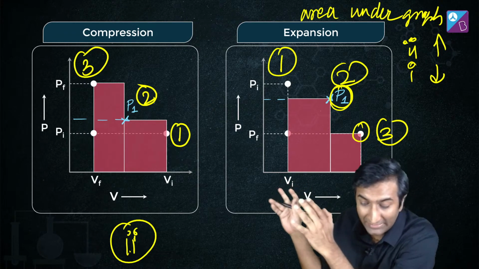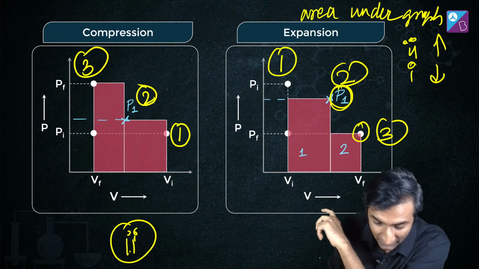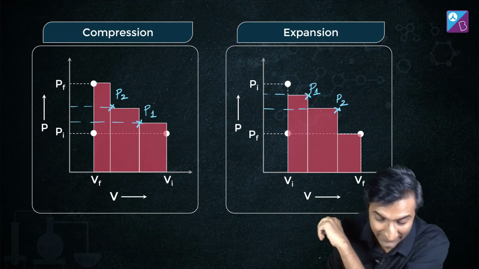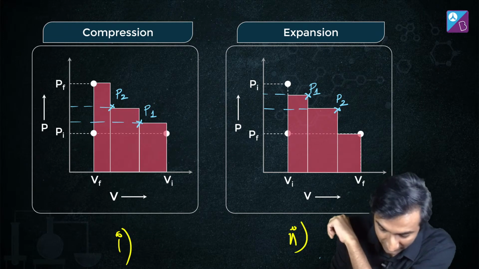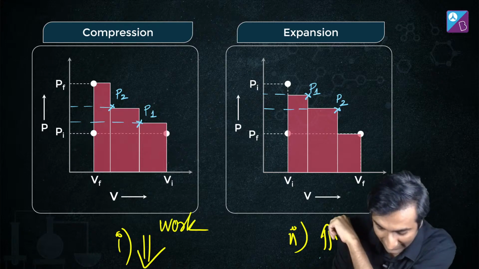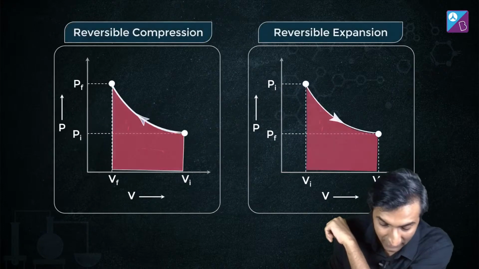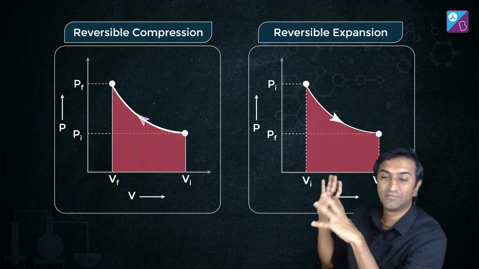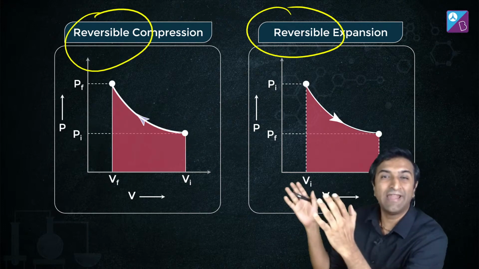And the moment I increase the number of steps, this keeps happening to an extent where something very fascinating happens. See, again, in 1, the work is decreasing, and in 2, the work is increasing. So you reach a state where you get to this beautiful reversible state, where you have an infinite number of steps.